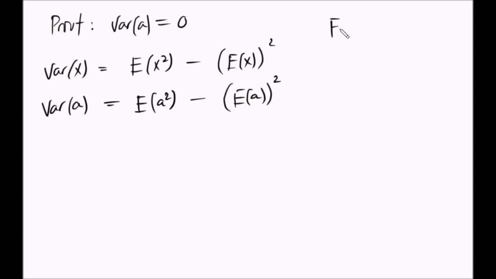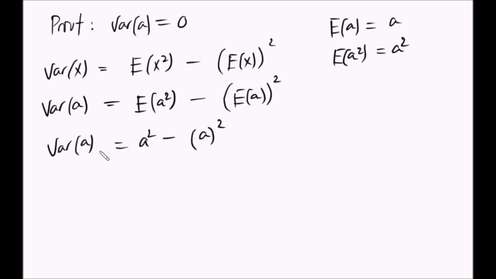So tunajua kwamba expected mean of a constant ni ile constant, tulisoma in the previous tutorial, properties of expected mean of any functions. Kwa hiyo a square pia ni constant kwa hiyo expected mean ya a square ni huyu. Kwa hapa tutakuwa tuna a squared minus a squared. So this one is variance of a constant a. Kwa hiyo itakuwa ni a squared minus a squared ambayo ni nini? 0. So you can see that variance of a constant a ni nini? 0, hence proved.